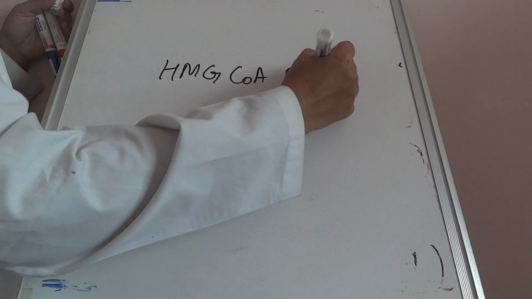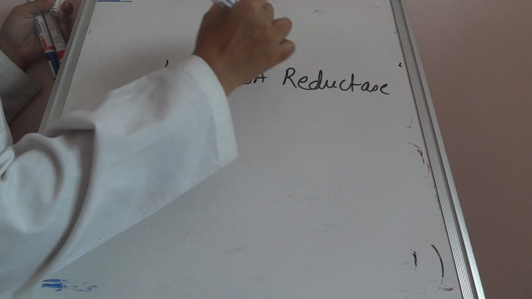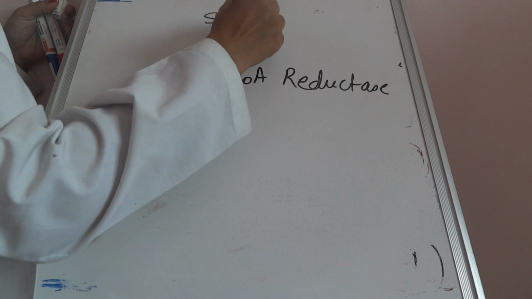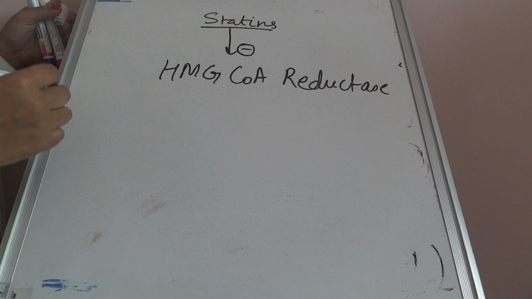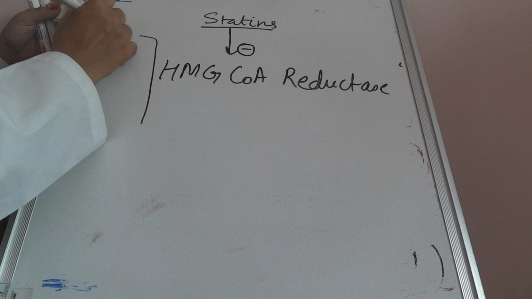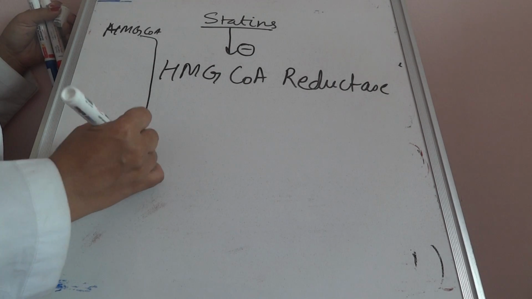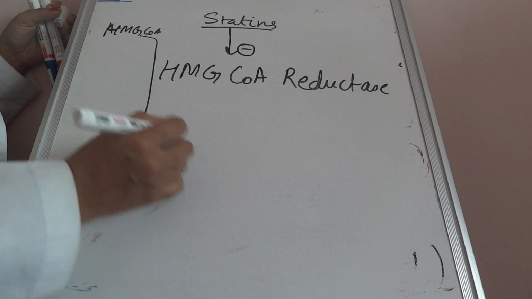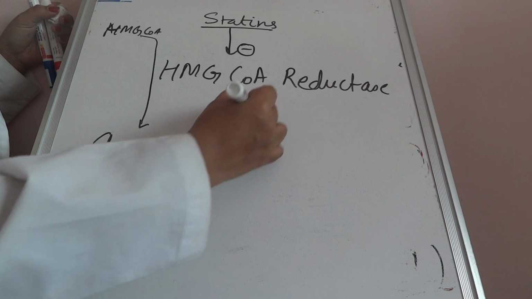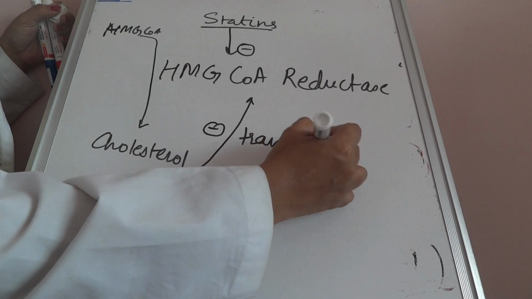HMG coenzyme A reductase is the enzyme which is inhibited by the lipid lowering drugs, that is statins, to decrease the formation of cholesterol. HMG coenzyme A reductase was the enzyme which formed cholesterol from HMG CoA. Cholesterol itself reduces the synthesis of HMG coenzyme A reductase by hampering the transcription of this enzyme.